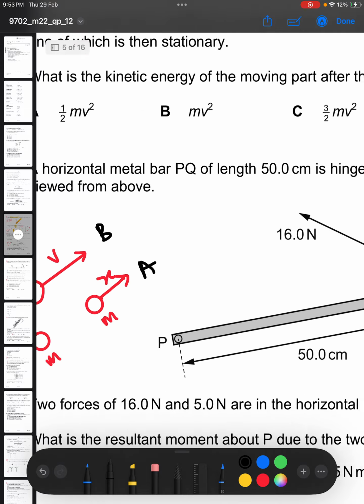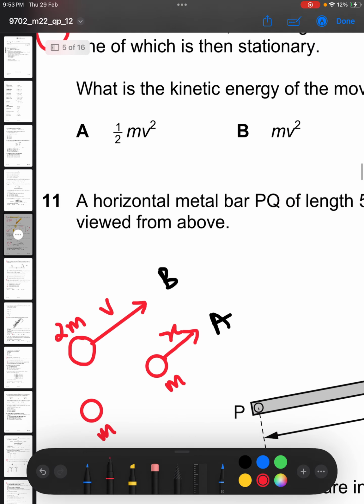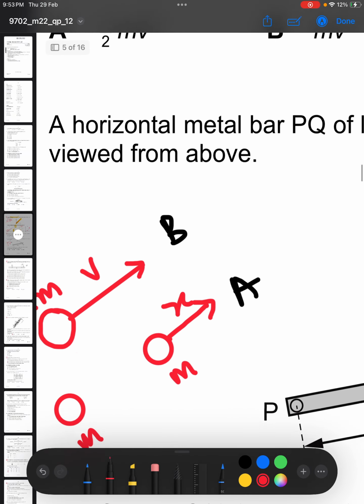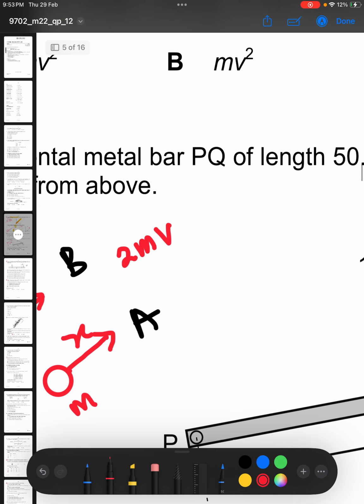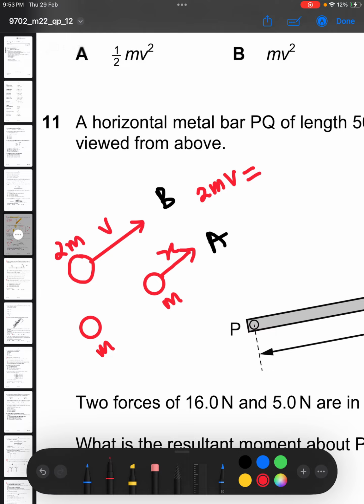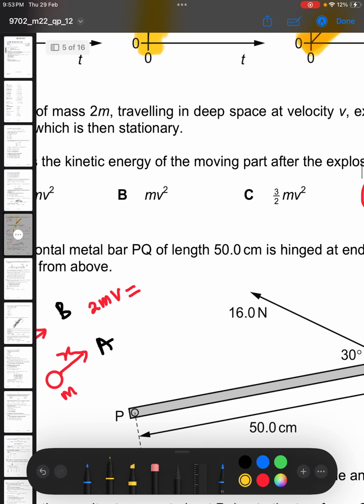Applying the principle of conservation of momentum, the total momentum before the interaction, the explosion, the splitting, was the mass, which was 2m, multiplied by the speed, which was v. Then this is equal to the total momentum after. But this one here is becoming stationary, so its velocity is 0 finally.